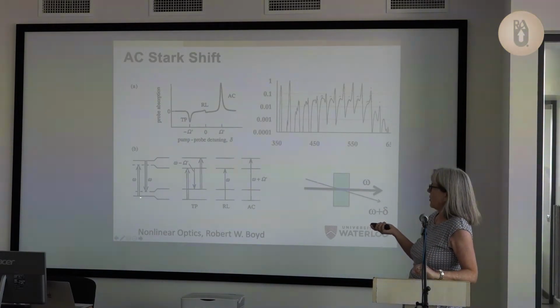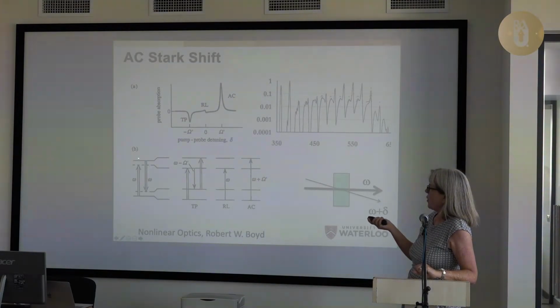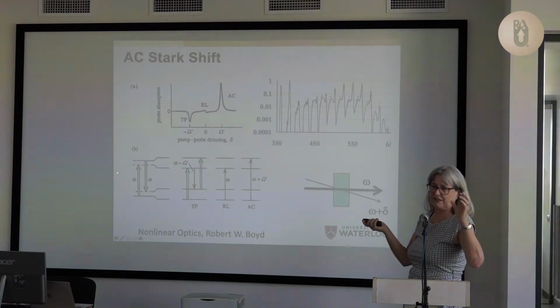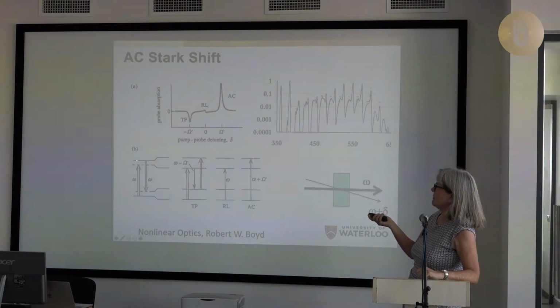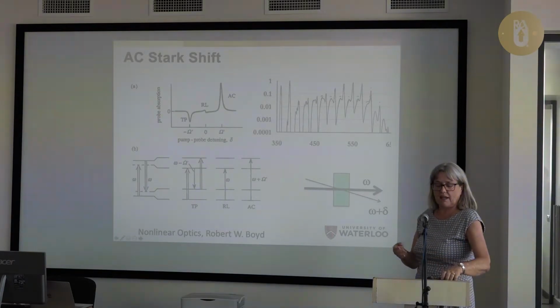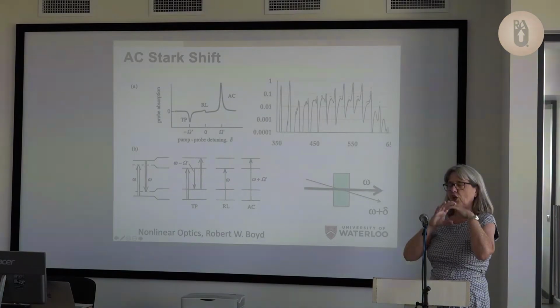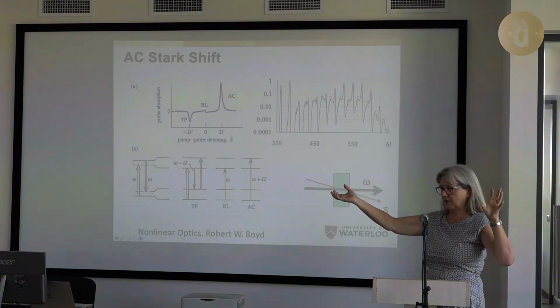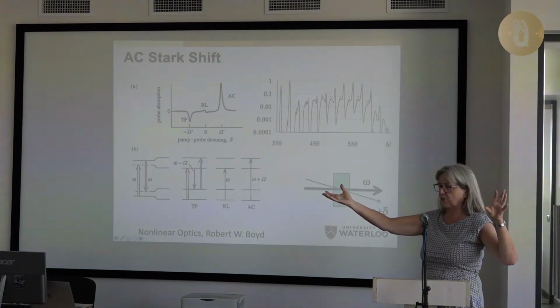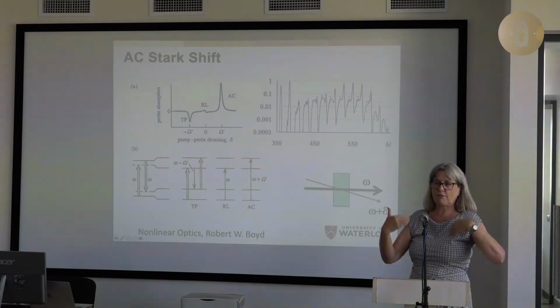The one photon Stark shift is, say you have two atomic levels, A and B, and you go in near resonant. And obviously much nearer to resonance than what this picture is showing, right? But if you're nearly resonant, then this is when you can get the Stark shift. When you're nearly resonant, you cannot use this Taylor expansion expression in nonlinear optics I talked about before, because there's always this denominator function.